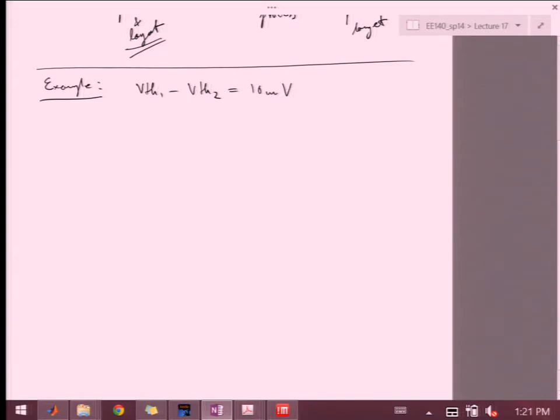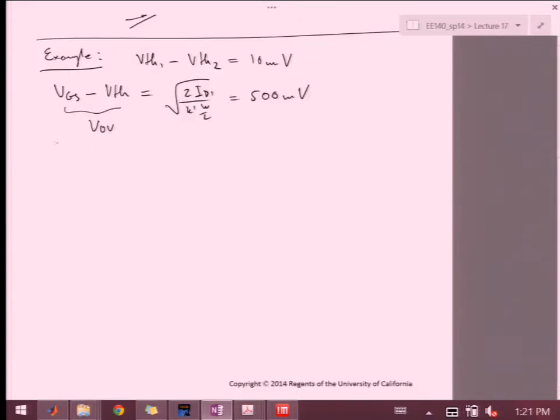We define VGS minus V threshold as our V overdrive, and let's say I've picked the situation such that it's around 500 millivolts.